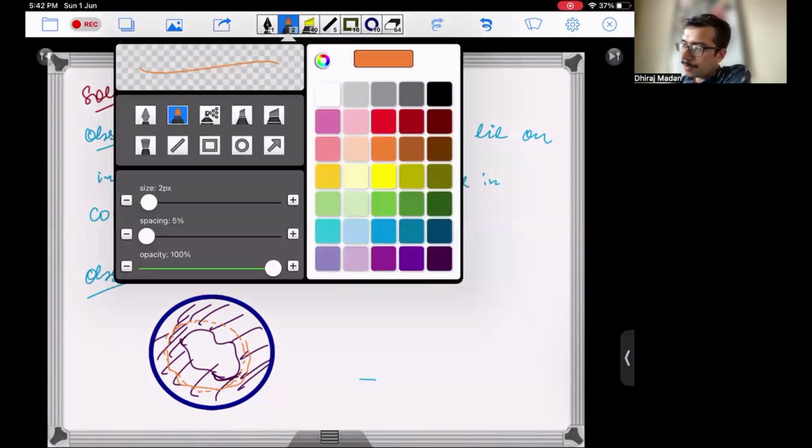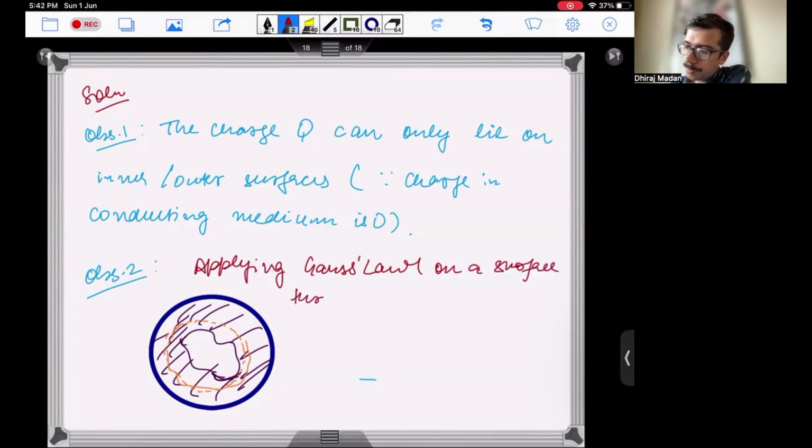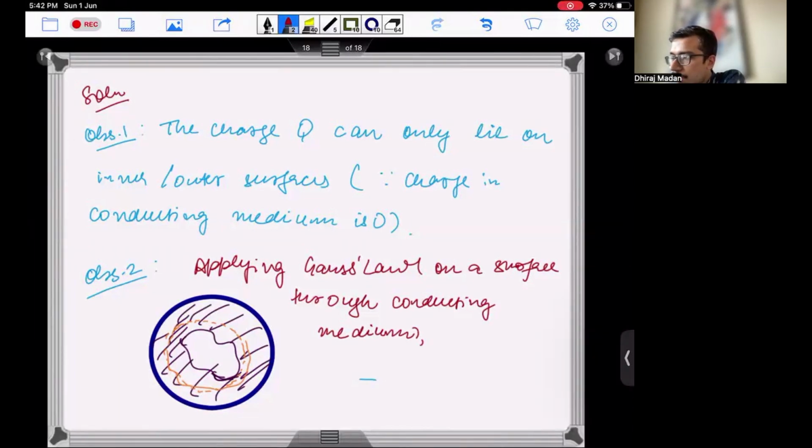The integral of E dot dA on the surface must be 0, and this equals the charge enclosed on the inner surface over epsilon naught.